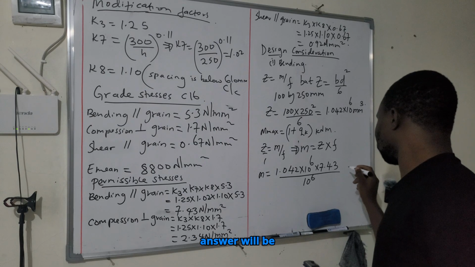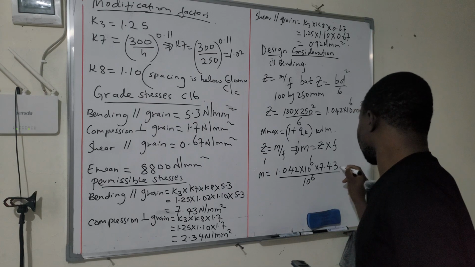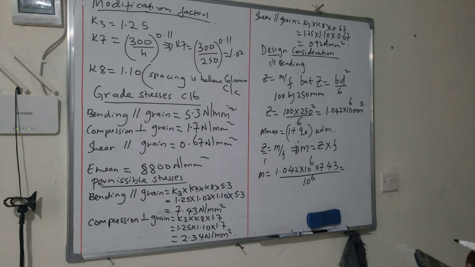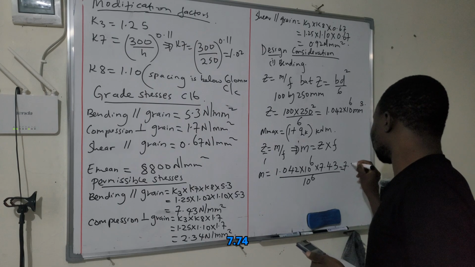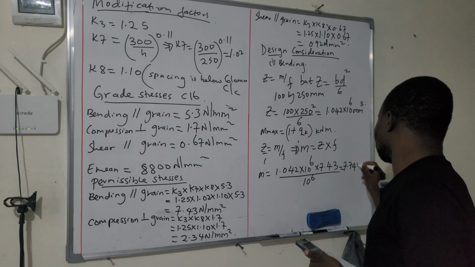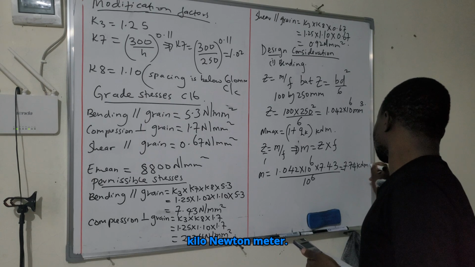So the answer will be equal to 1.042 times 7.43. So that is 7.74 kilonewton meter.